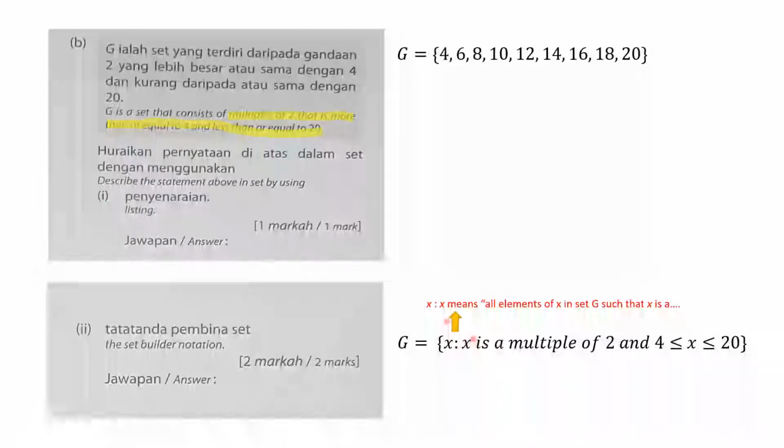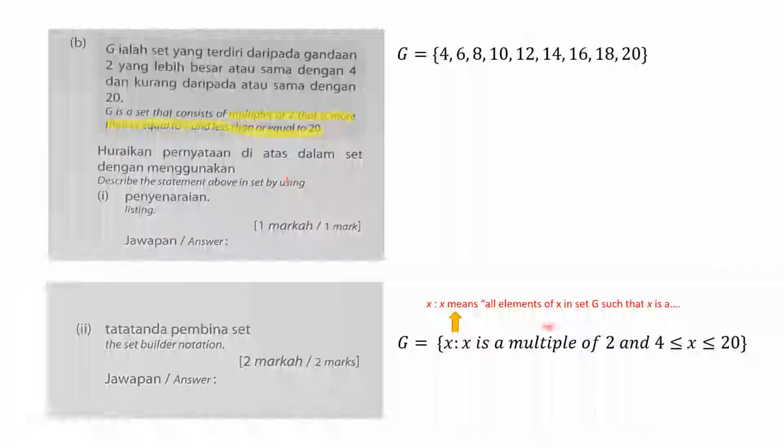But for set builder notation, you'll just need to write a multiple of 2, which means you'll need to write the singular form instead of the plural form.